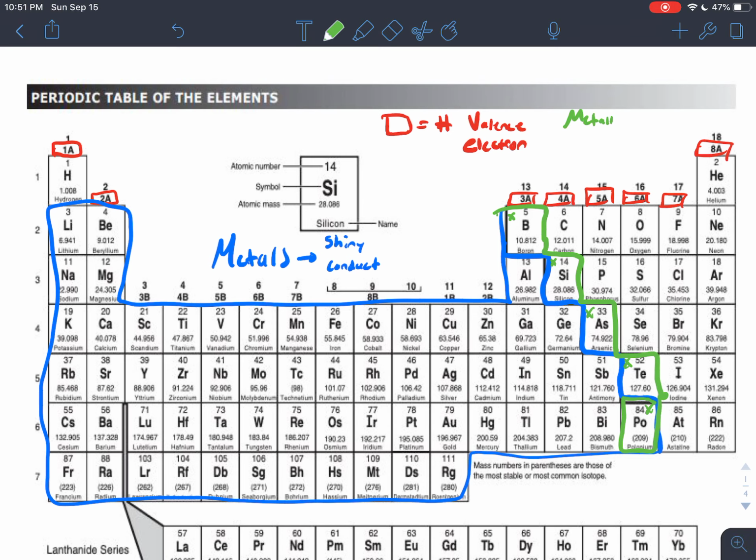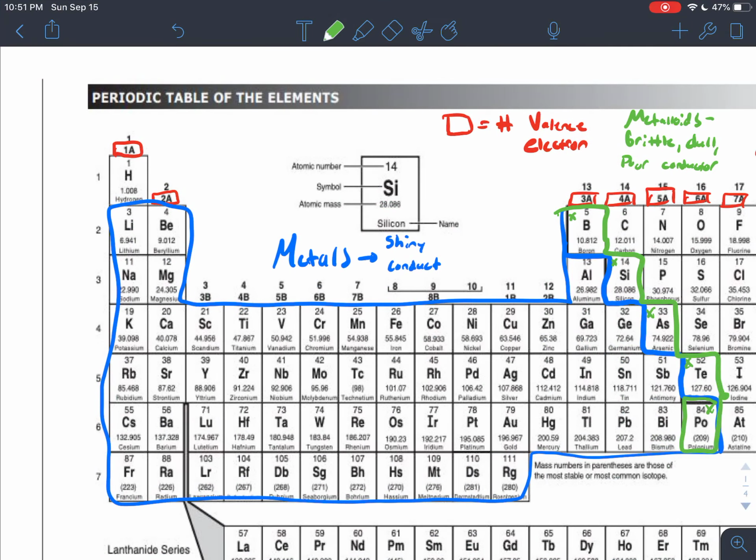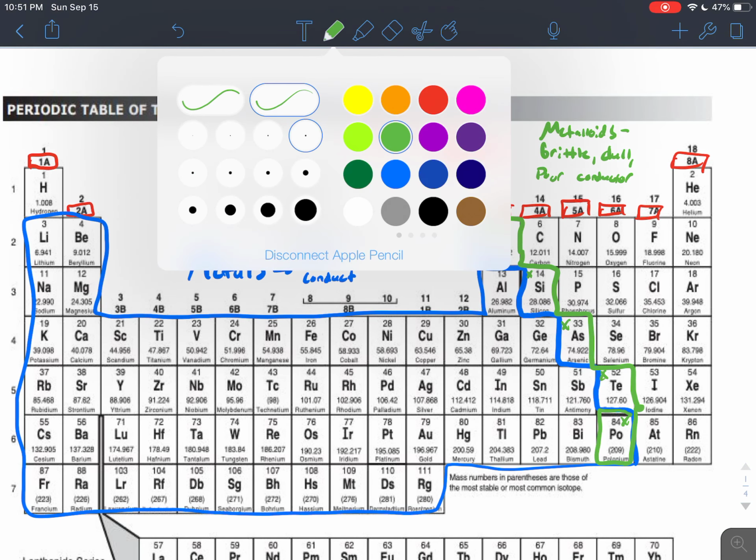They're on the stair step. If it's a metalloid, it is brittle, dull, poor conductor. They look like metals, except they are brittle, which means they break. They look like metals, except they're dull, they aren't as shiny, and they don't conduct heat, and they don't conduct electricity, okay?